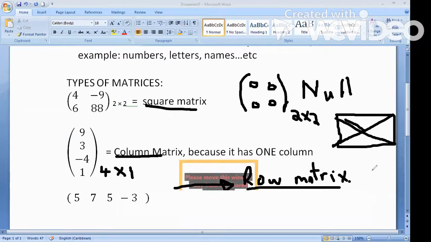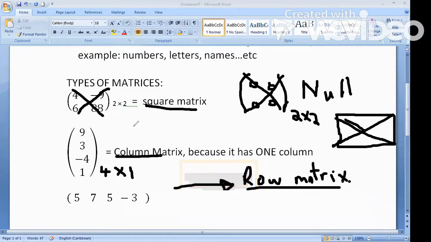And just like in an actual plane figure, like a square or rectangle where you have diagonals, a matrix also has what? Diagonals. So when I was answering, saying you put the 4 with the 88, that's the diagonal.